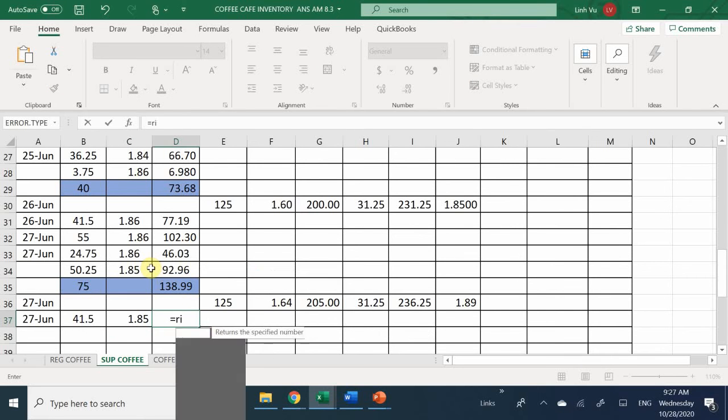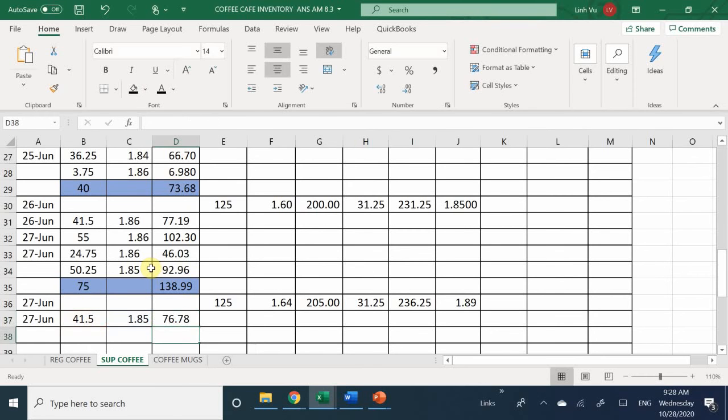Hold on. Let me type in my formula real quick. So what is my total cost of goods sold? 76.777.